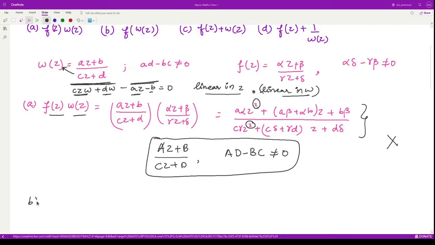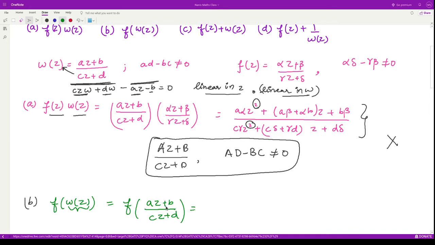So let us go and check the second case, where this is f of w of z. That means we have composite functions. So firstly we'll substitute the value of this transformation. What is w of z? It is given to be az plus b divided by cz plus d, right?